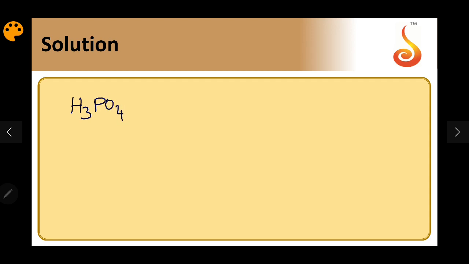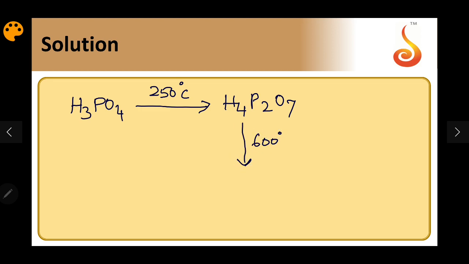This on heating up to a temperature of 250 degrees Celsius converts into pyrophosphoric acid, that is H4P2O7.